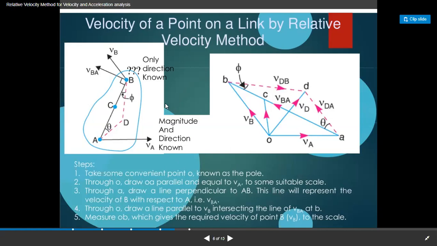So we have drawn the velocity of A and we get the point A.